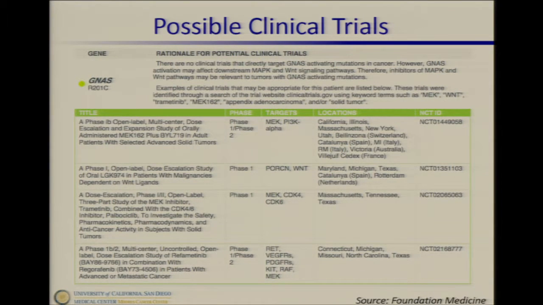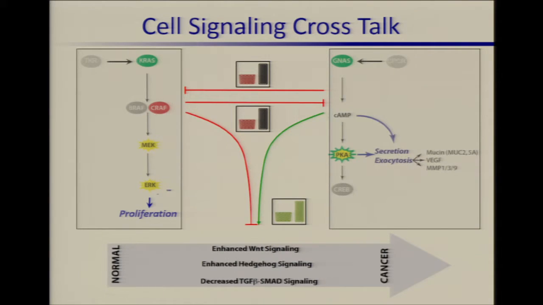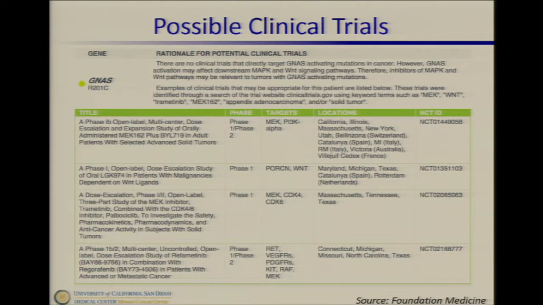And what Foundation suggests, and that's also what we suggested, is that because of this interaction between the RAS and the GNAS pathway, they suggest some of these clinical trials that are called MEK inhibitor clinical trials. If you remember, MEK was one of these enzymes that's downstream of KRAS here. So if you block here, you might be able to cut down the signaling and cut down the proliferation. So that's what they suggest. There's no result yet. I don't know how well it works, but at least there's a molecular rationale for it.